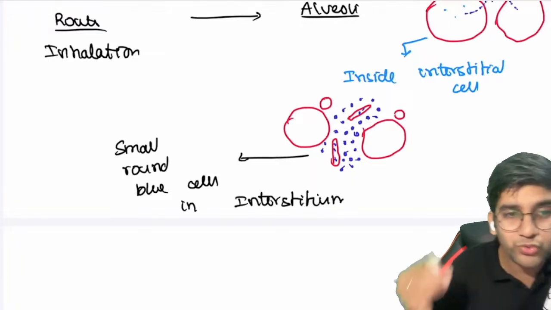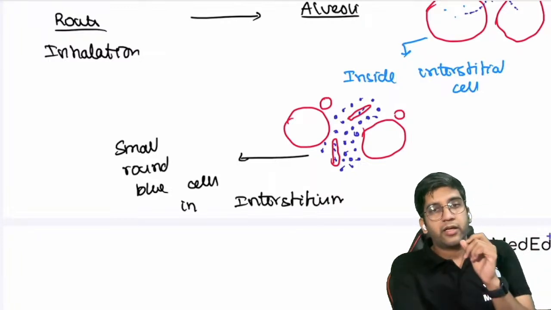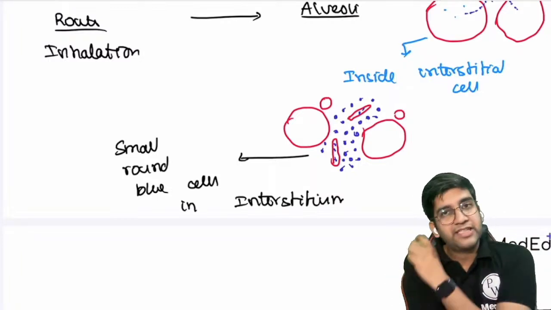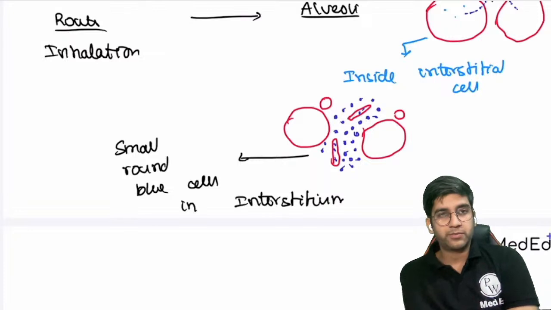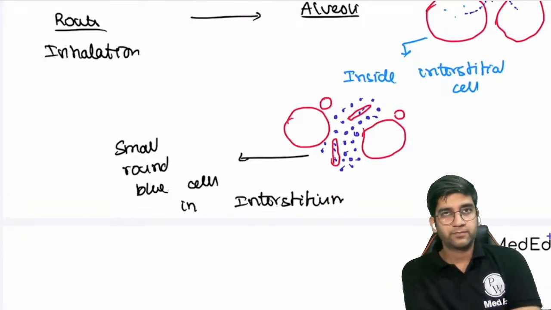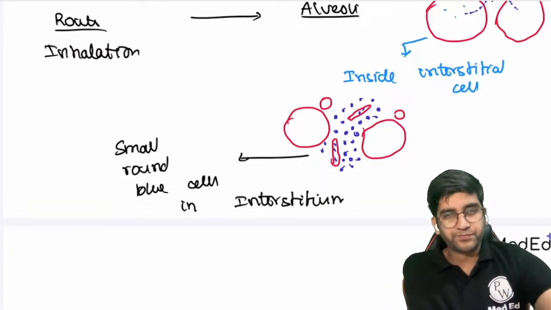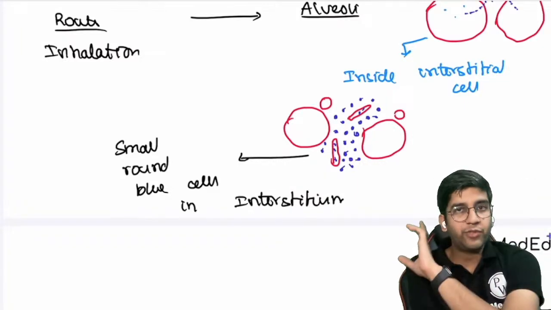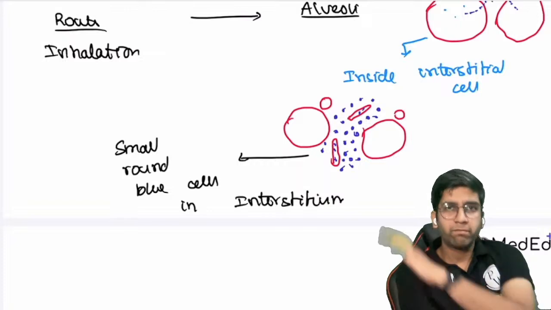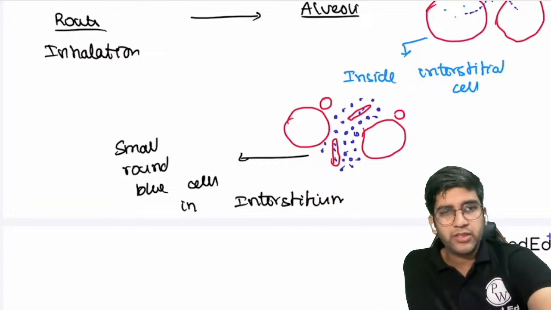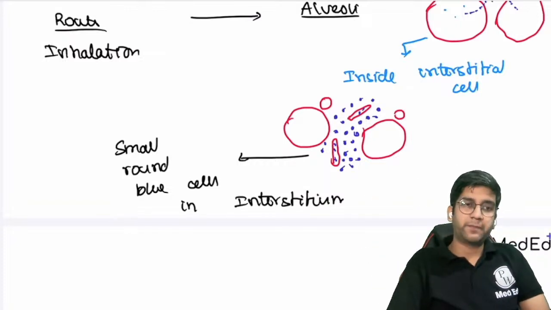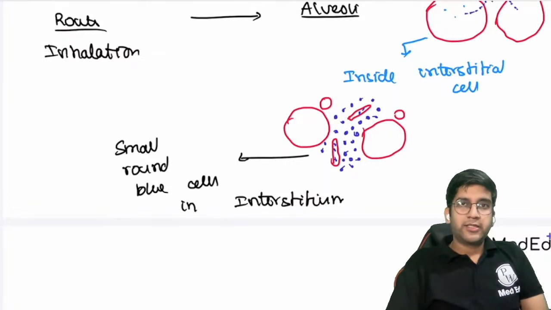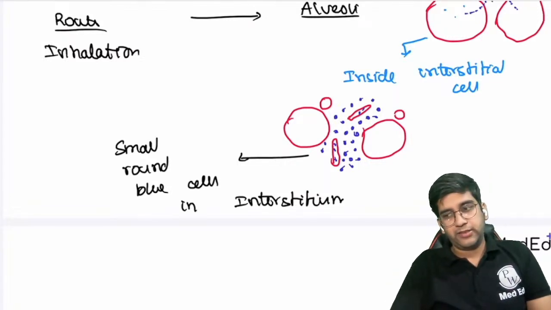Now you're going to help me with two things. Here, my alveoli. Is it normal? Do you think gas exchange can happen normally in the alveoli in these patients? It can happen normally, right?